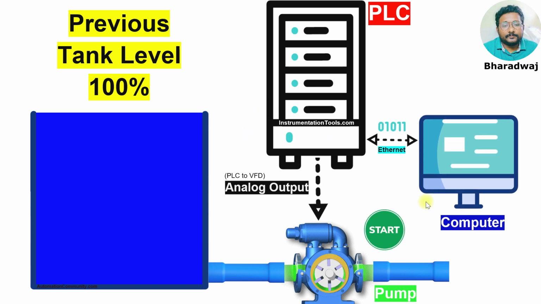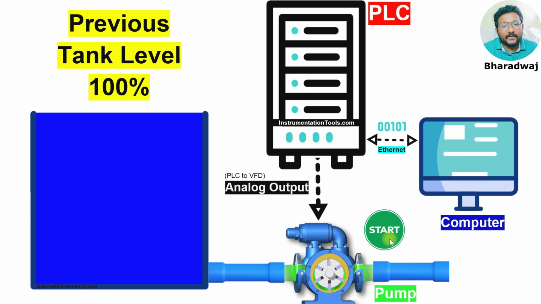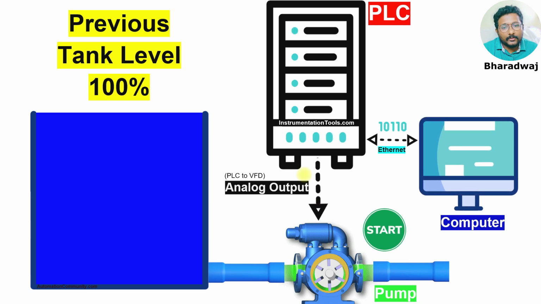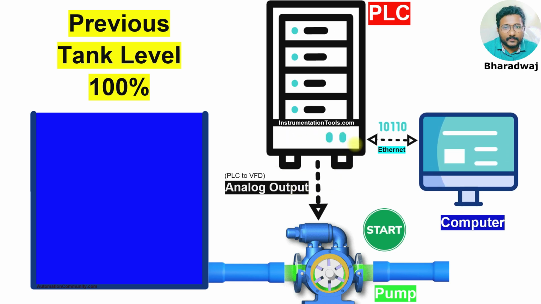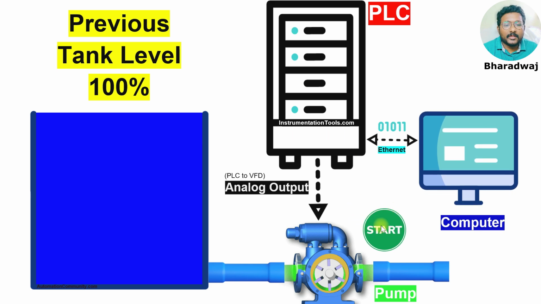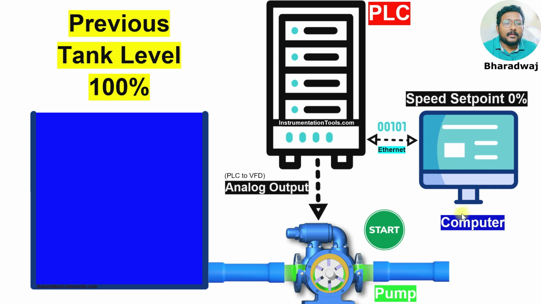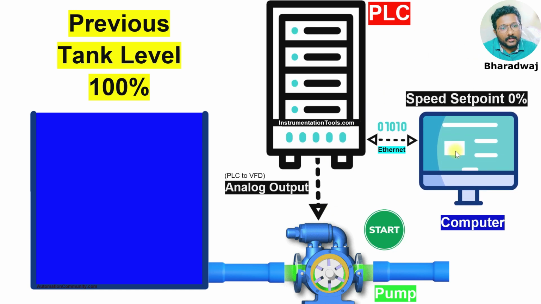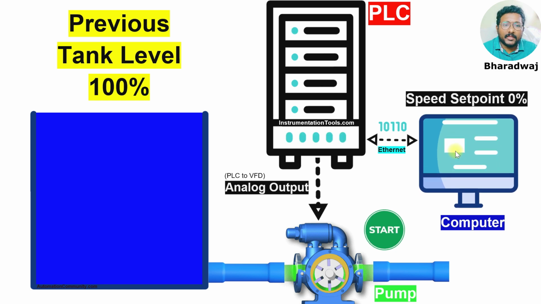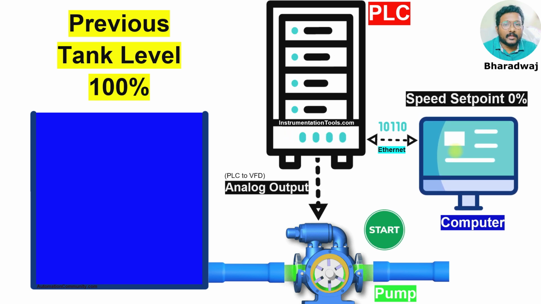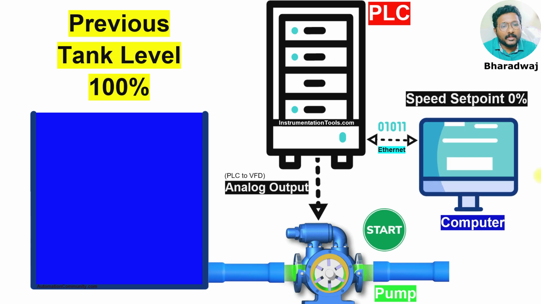Let's say the start is given. Without giving start, the pump generally will not start even though analog output is there. That is why start is given by the PLC, and the operator controls the pump manually so that he can enter the set point, the required speed, on the graphics.